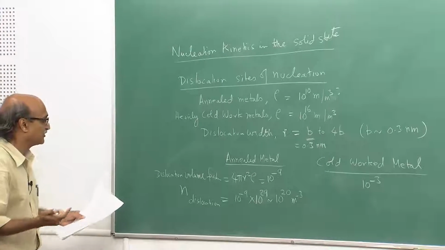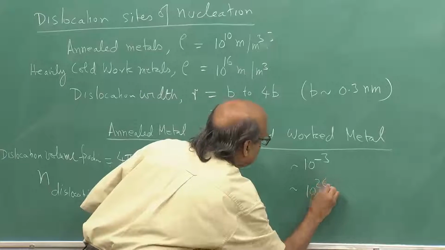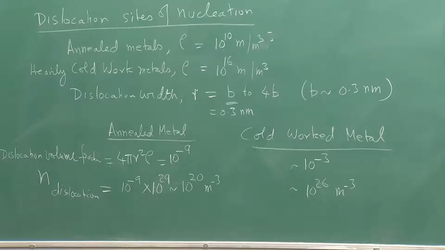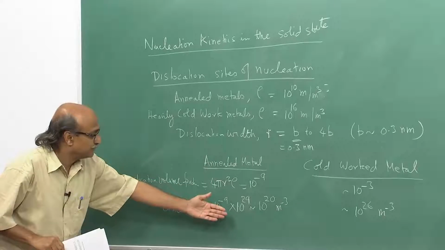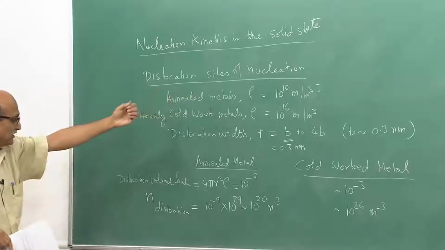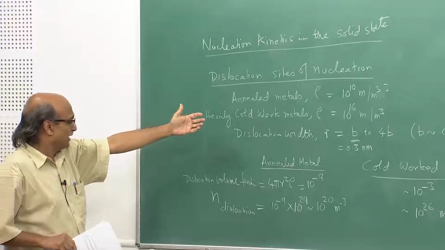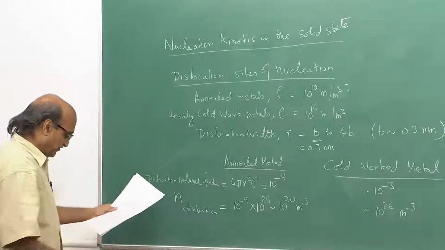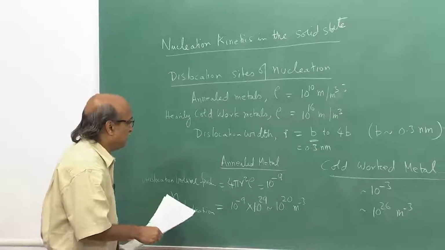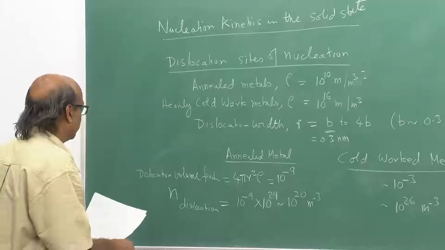We have much higher density of dislocations. This number turns out to be 10 to the power 26 per meter cube. So, what we have seen is that in annealed metals, if I look at it from the homogeneous case, the number of sites for nucleation can drop down by as much as 10 to the power 20, and in fact it can even go down lower if we specially make materials which have very low density of dislocations.